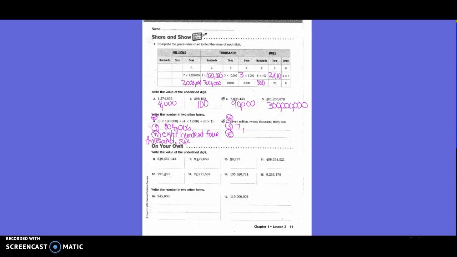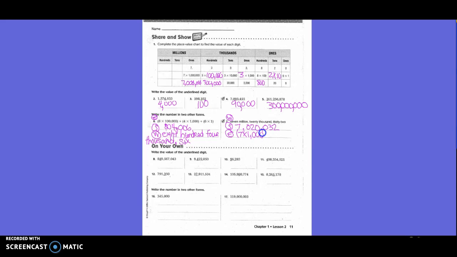Do I have anything in the 100,000 spot? No. I'm going to put a 0, then I'm going to write what? 20, comma, and then do I have anything in the 100 spot? No, so I put a 0, and then 32.